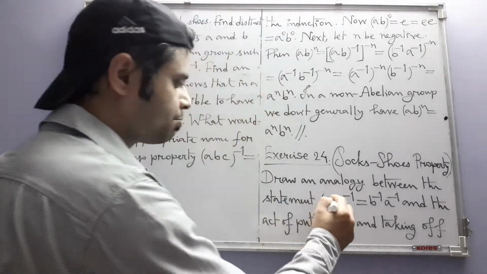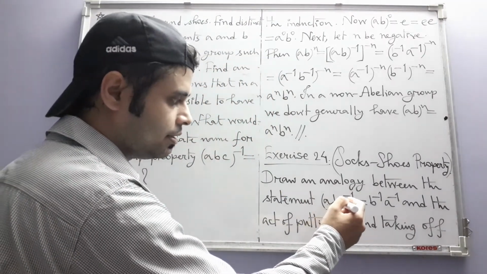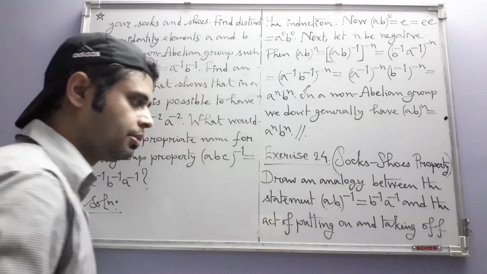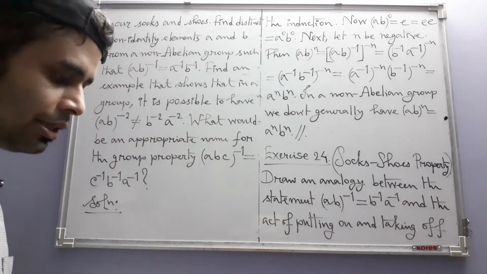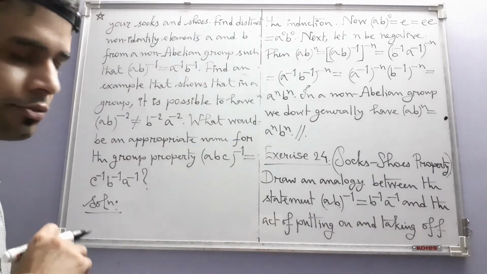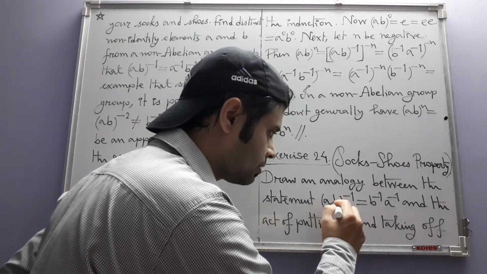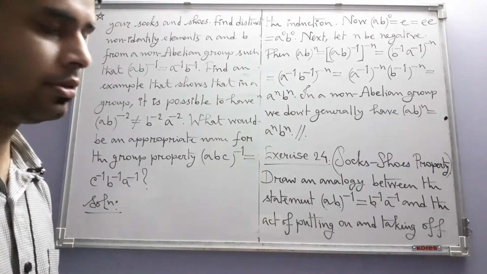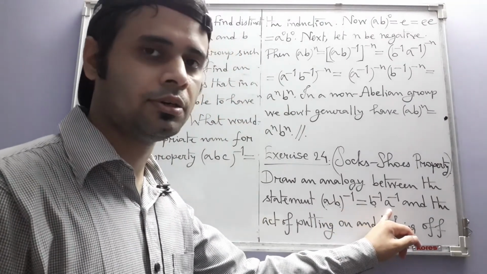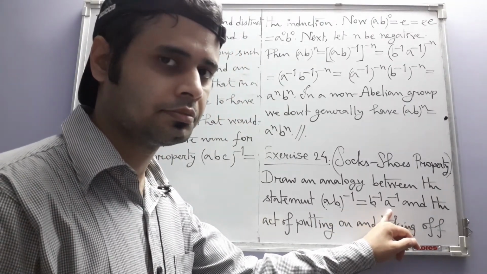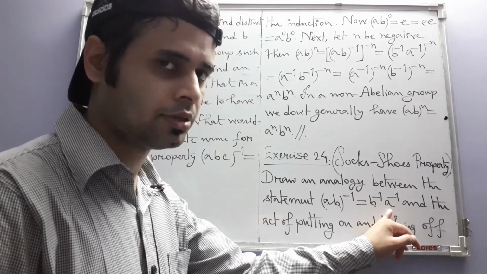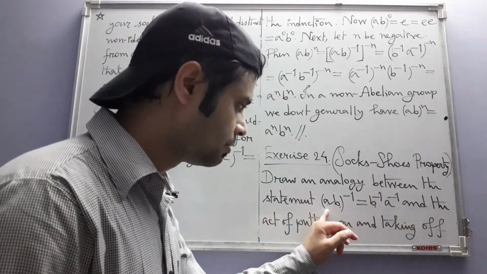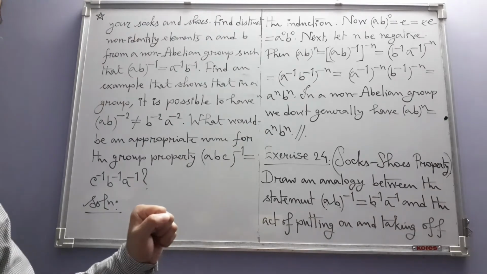Now, if you have put on socks and then you have put on shoes, and now this whole thing you want to take off, then first of all you have to take off your shoes, and then only you can take off your socks. You can see that. So that is the analogy between these two things.